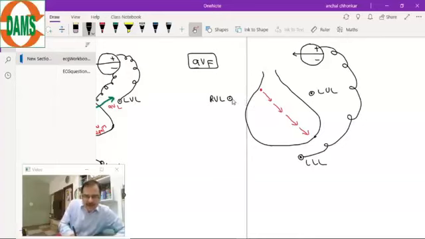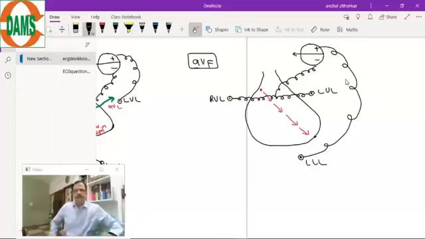We will take a wire, and that combined wire will go into the negative pole. So if someone asks you what is the exploring electrode of AVF, the answer is the left lower leg.